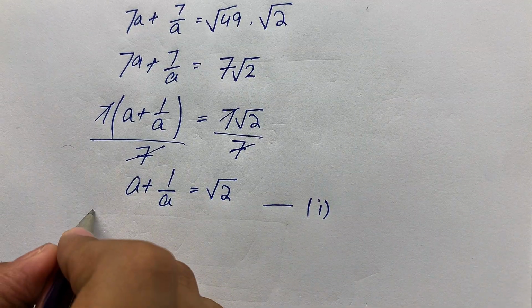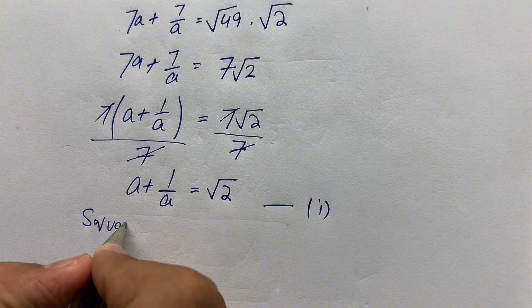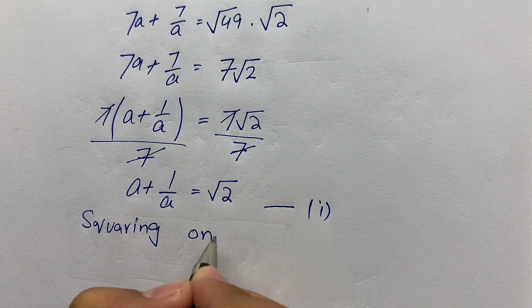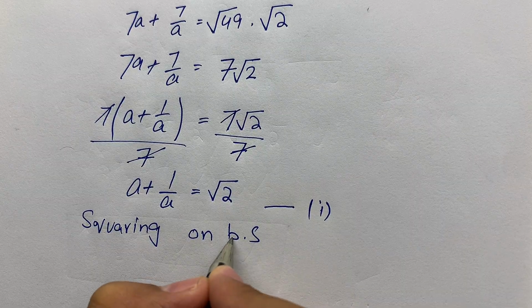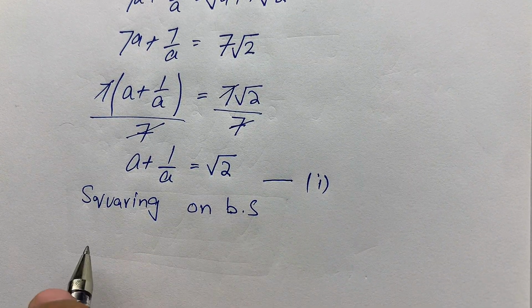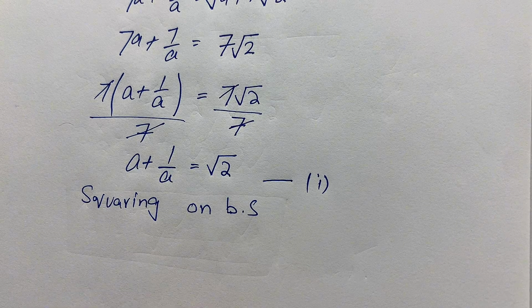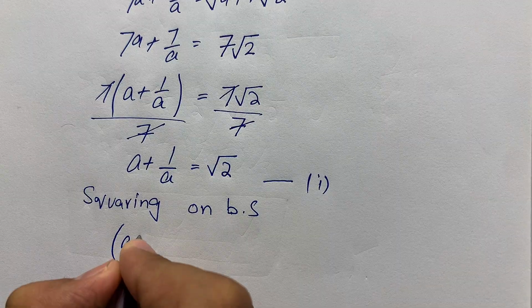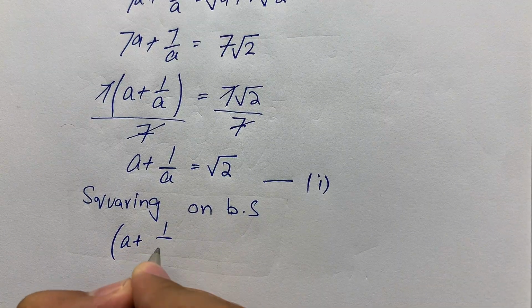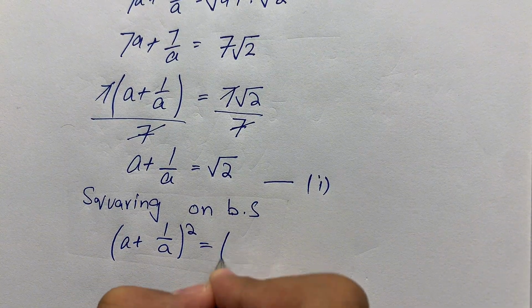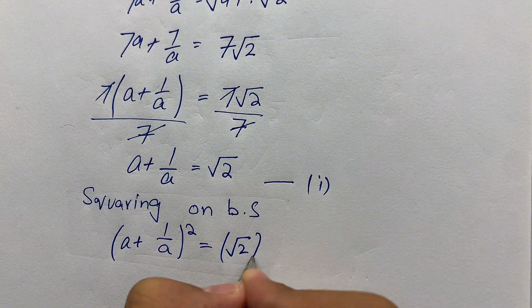Now squaring on both sides. After squaring both sides, we get a plus 1 divided by a whole square is equal to under root of 2 whole square.